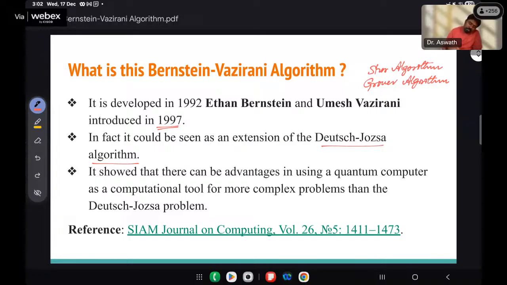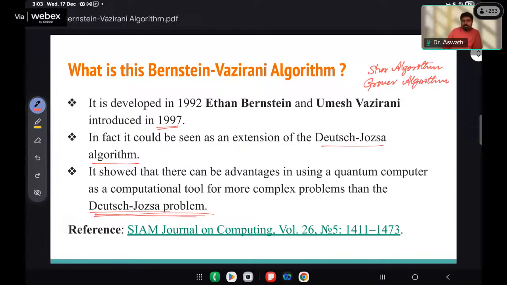Now it showed that there can be advantages in using this in a quantum computer as a computational tool for more complex problems than the Deutsch-Jozsa algorithm. In fact, this is the starting point for real world applications.